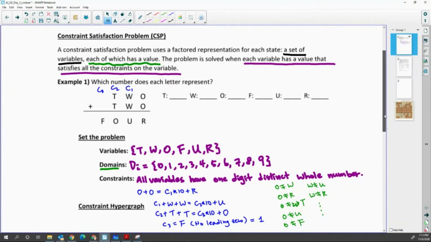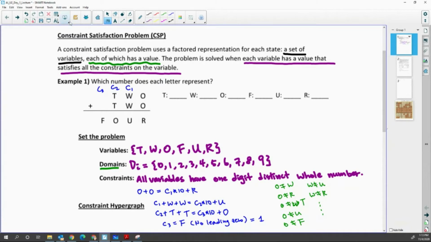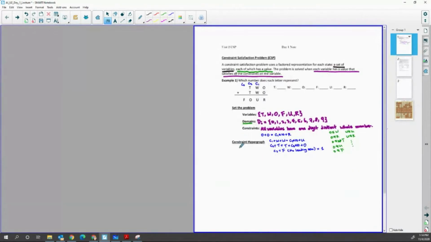Now we are going to think about how to visualize this problem. So we can draw a constraint hypergraph. Hypergraph means one edge can have multiple vertices. Usually when we have a graph, when I have A to B, each edge has only one start and one end vertex. Only two vertices are related.